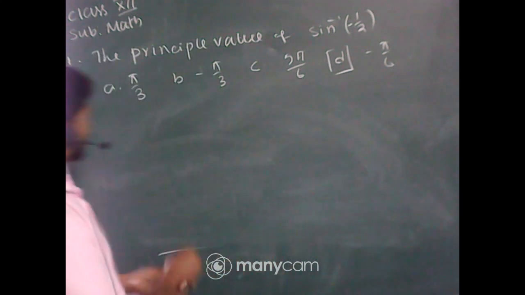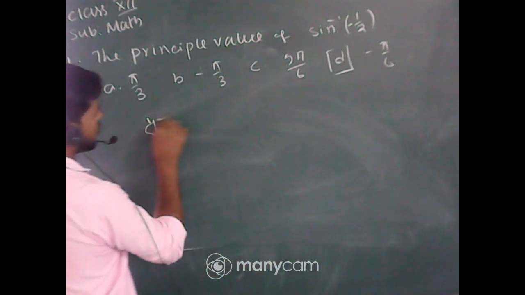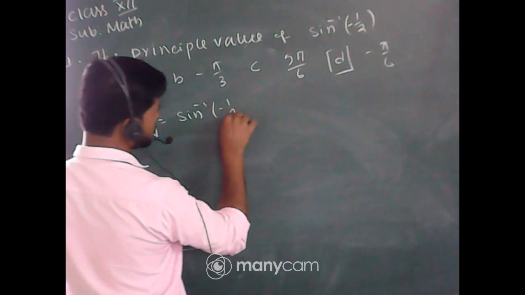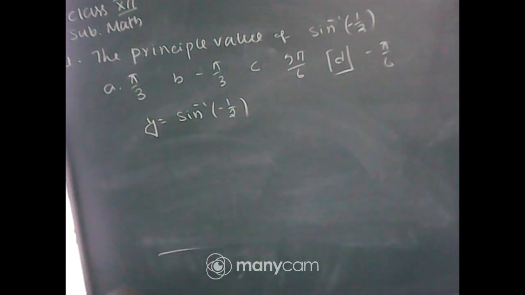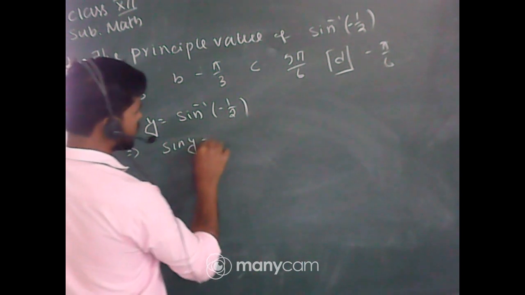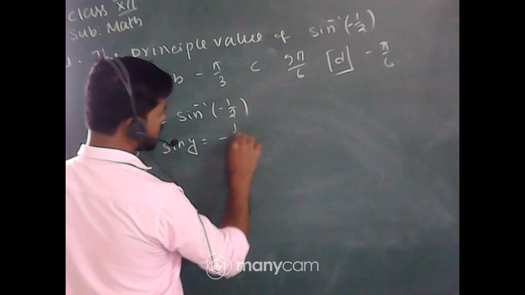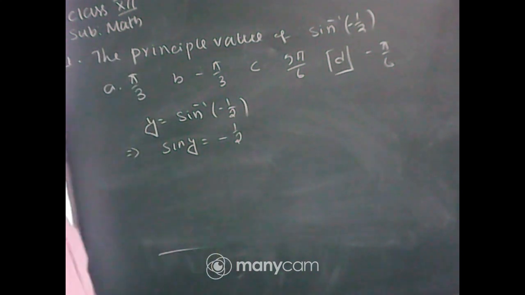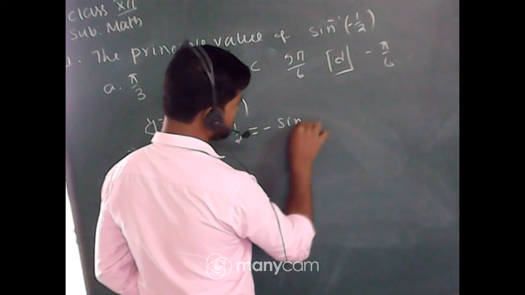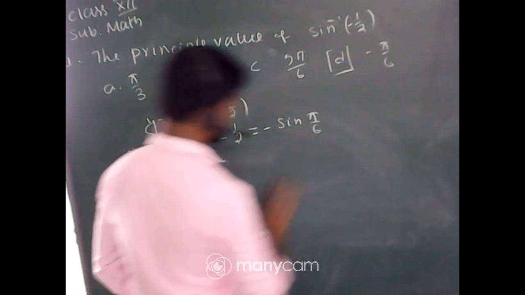Why is it D? Now look, if I consider y equal to sine inverse minus half, that means sine y is equal to minus half, and minus half we can write as minus sine pi by 6.